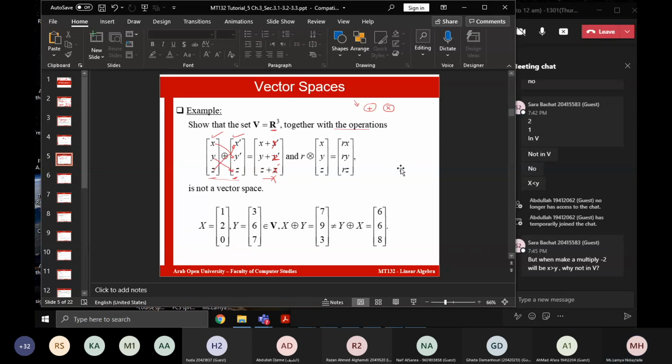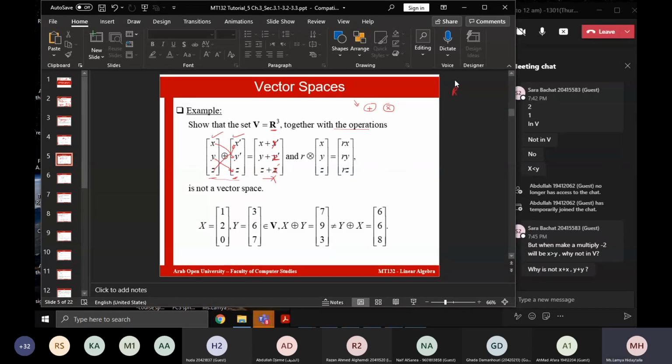Meaning R cube under this operation, which we define in a new way, and this one our old standard way of scalar multiplication. Is it going to be a vector space or no?